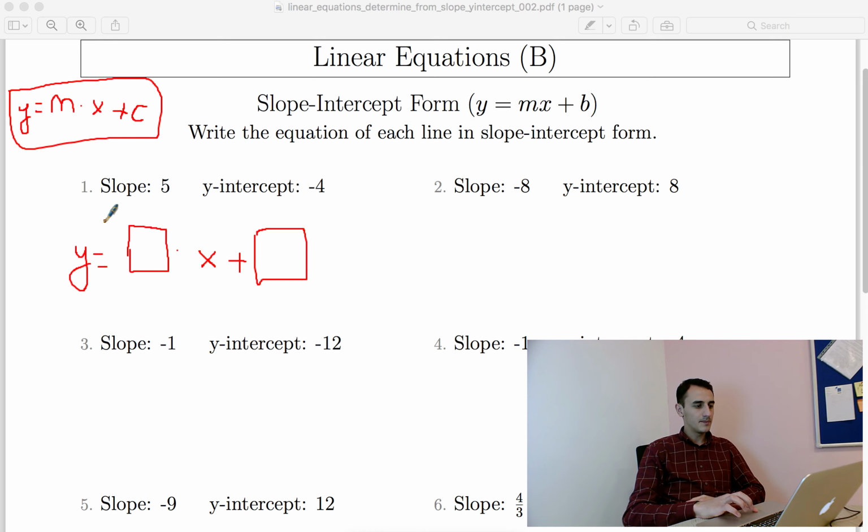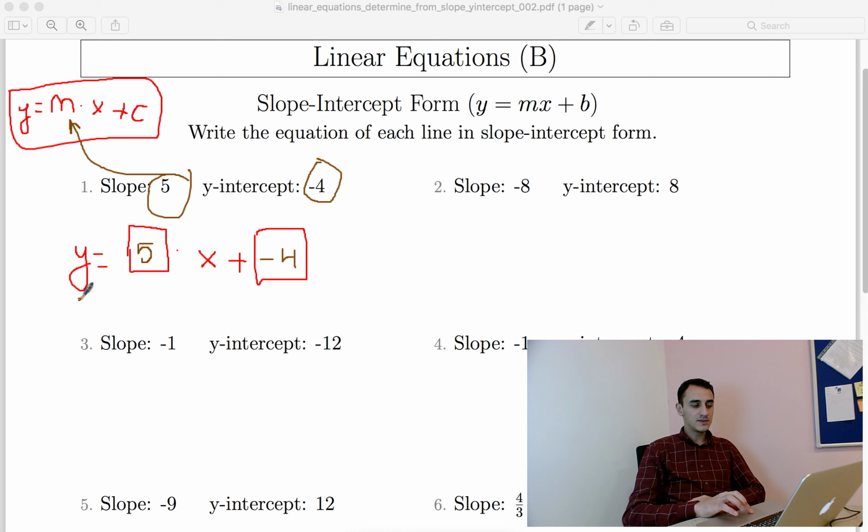So let's do it. Slope is 5, okay, and slope is m, which stands in front of x. So I need to write 5 here. And the y-intercept is negative 4, and it needs to be c. So I need to write negative 4 here, right?